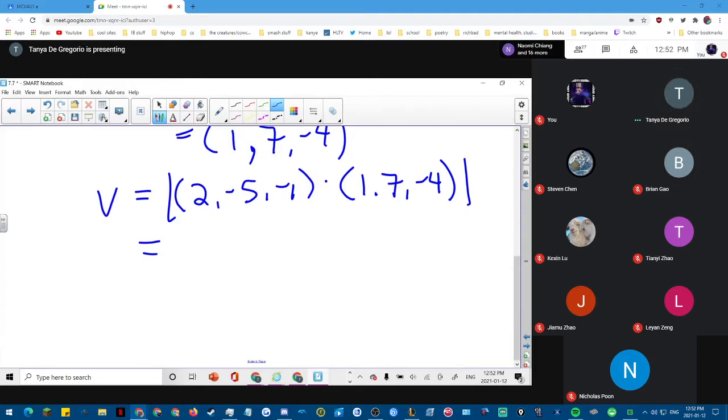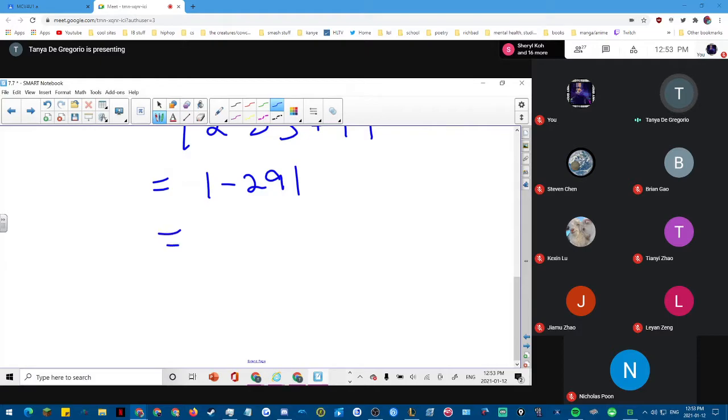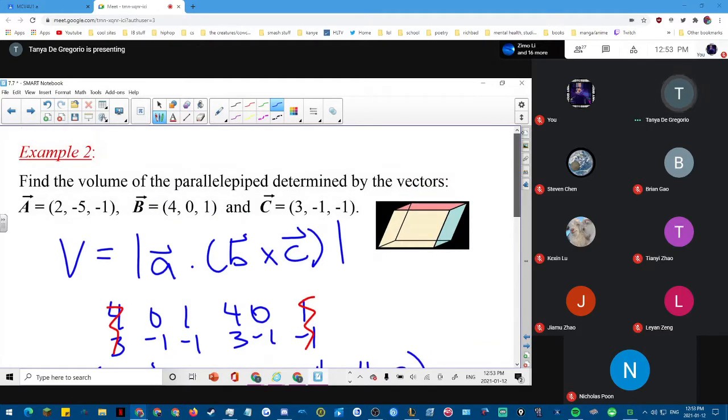So, for example, 2 times 1, plus negative 5 times 7, plus negative 1 times negative 4. Good. And so I get negative 29, but we know that the magnitude is positive. And there's your volume. Cool. Any questions, or still pretty straightforward?